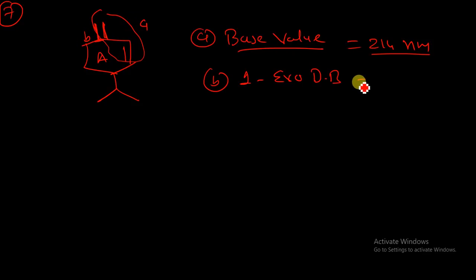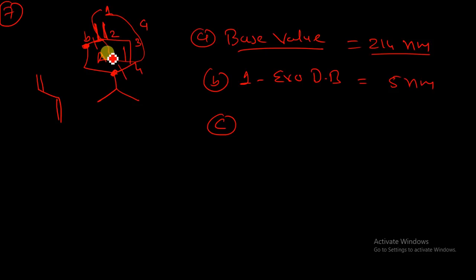So for the exocyclic double bond, you have to consider 5 nanometer for each such bond. Third, if there is any substituent present on the 1, 2, 3, 4 carbon atoms, here I am having 1, 2, 3, 4 as a system, that is the heteroannular system. I am having a CH2 over here and there is CH over here. So there are two alkyl substituents present over here, or I can write down over here there are two ring residues.